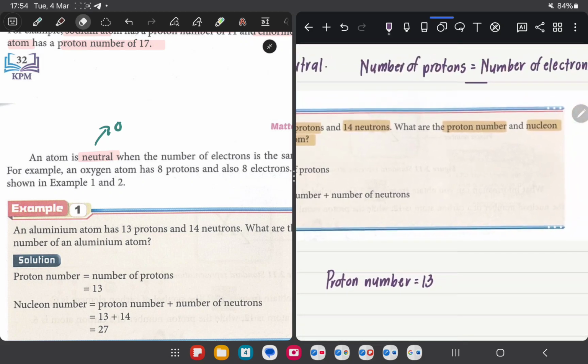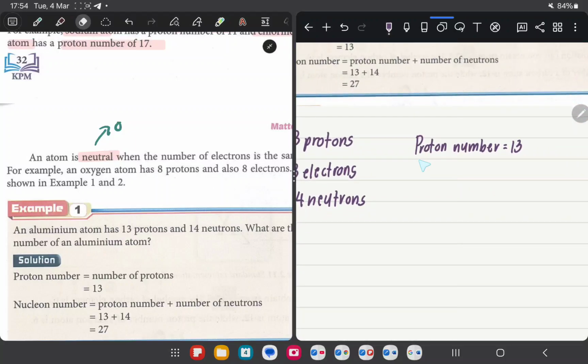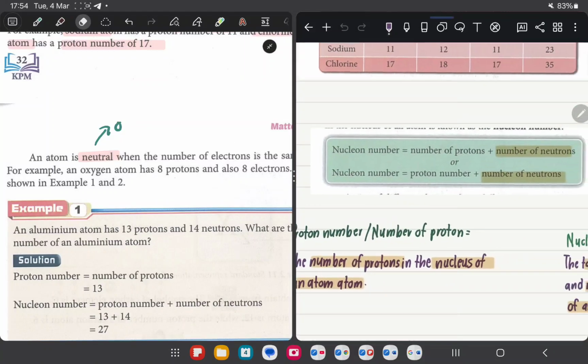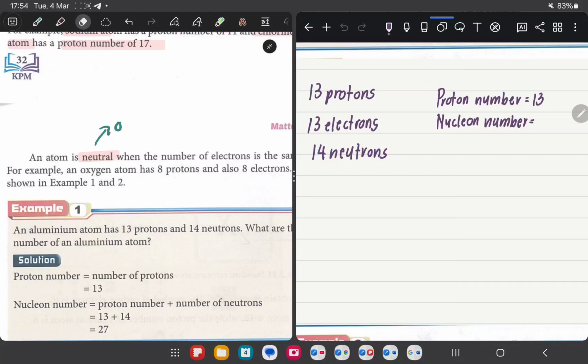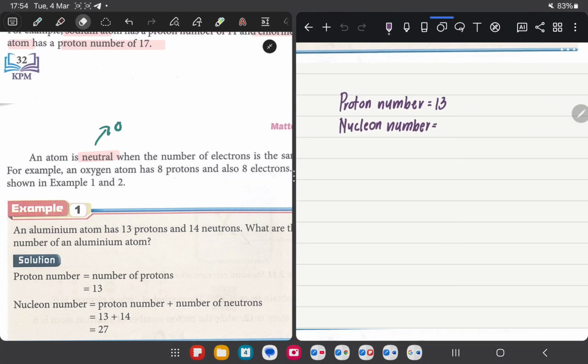Then they ask nucleon number. What is the formula for nucleon number? I mentioned it in the first lesson. Nucleon number is P plus N, which is number of protons plus number of neutrons. I have 13 protons and 14 neutrons, so 13 plus 14 gives 27.